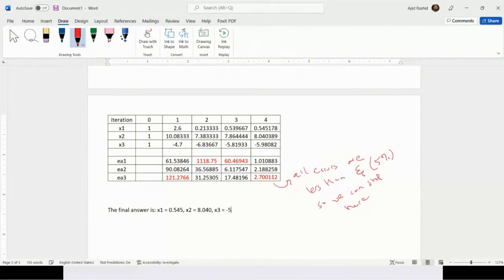So that's my answer that I get according to the 5% stopping criteria. Okay, so that's the Jacobi iteration.